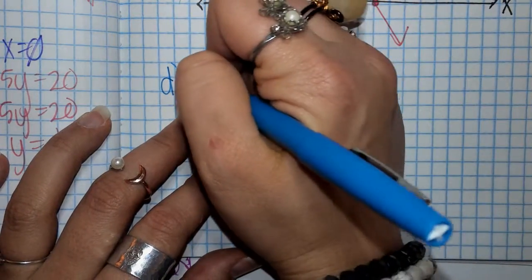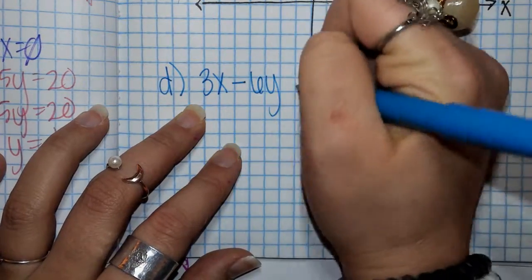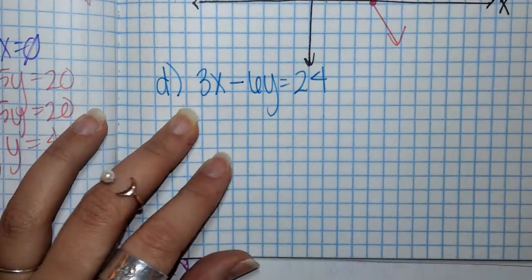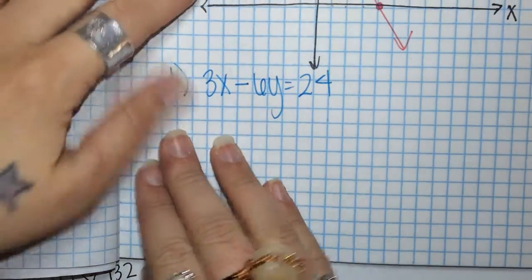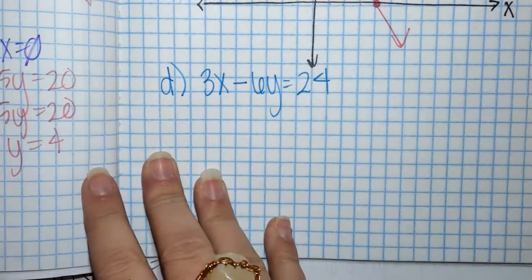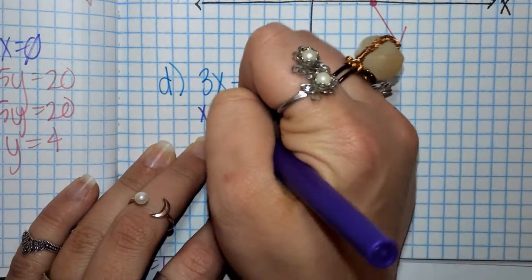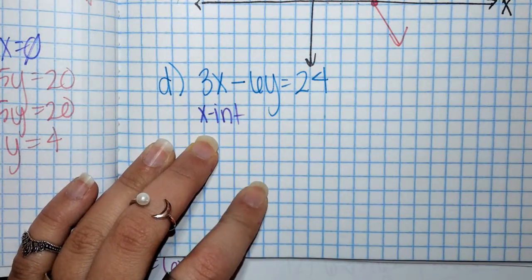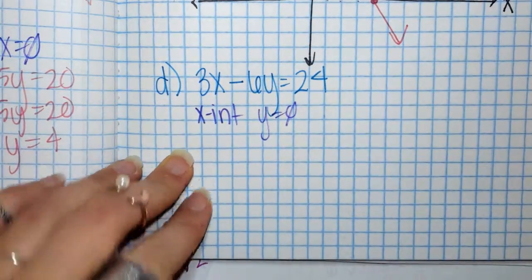Alright, so our next problem is 3x minus 6y equals 24. Now, what did I change up on this problem? I have a minus, right? I subtracted. So, what do you think that's going to make our y value? Positive or negative? Negative. Good. Alright, so let's find our x-intercept. For our x-intercept, what are we going to let y equal? 0. Fantastic. Alright, so how would I write this?